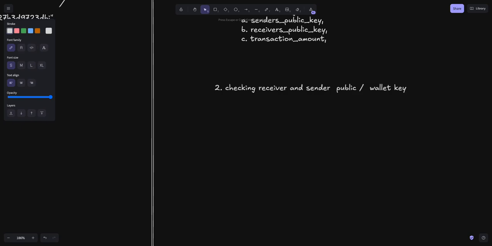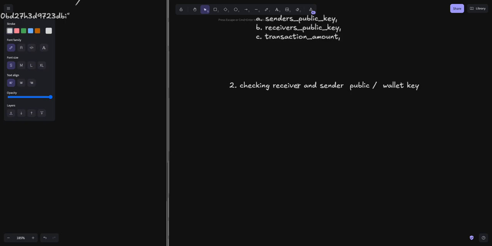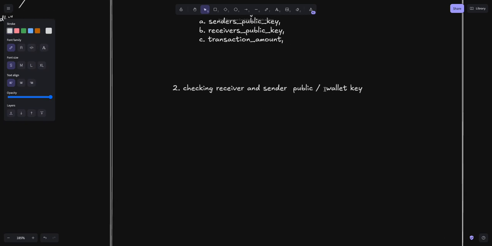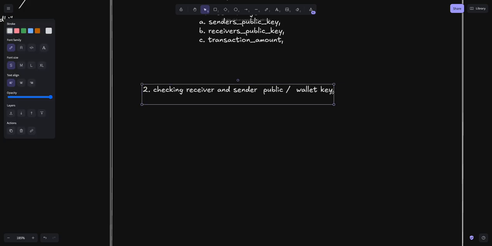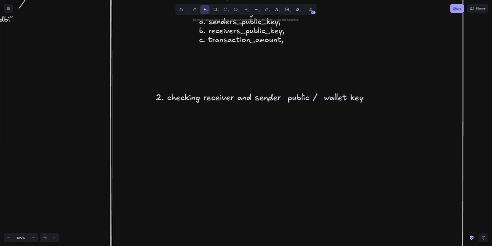Whenever Bitcoin creates a public key or wallet key, it is created with the help of already set bit patterns. They do that pattern check, and see if the particular key matches some pattern or not. If any one of the patterns matches, then that's valid. This is not very technical here.